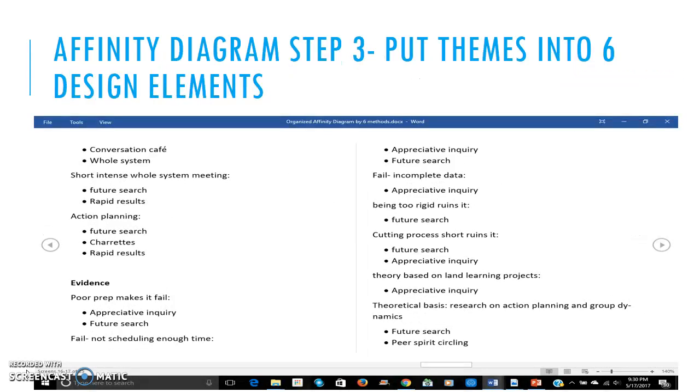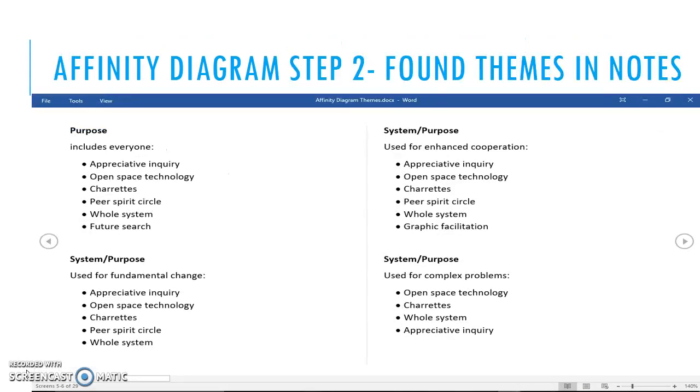Now my last step: I took all of the results I found from the previous slides and put them into the six design elements. If I go back here, you see I have the use for complex problems, that's system and purpose.